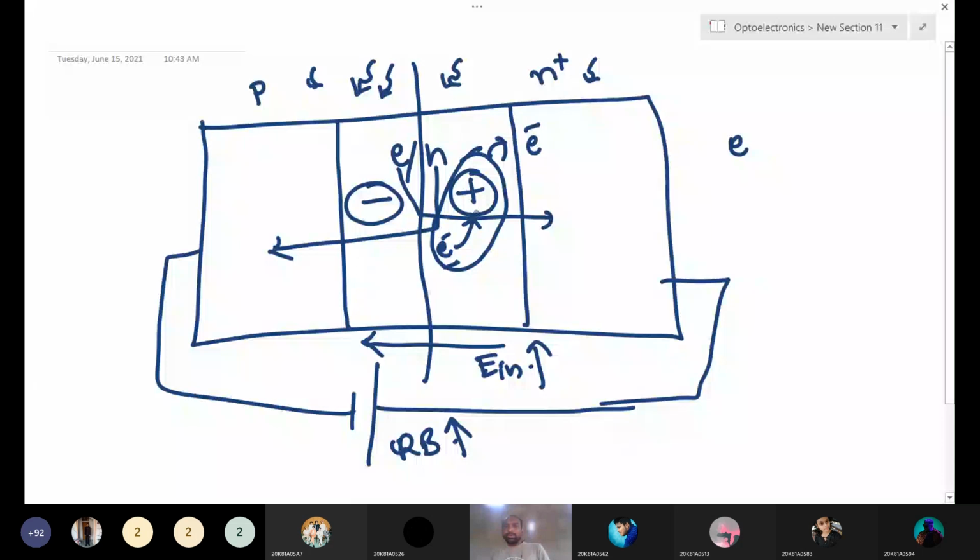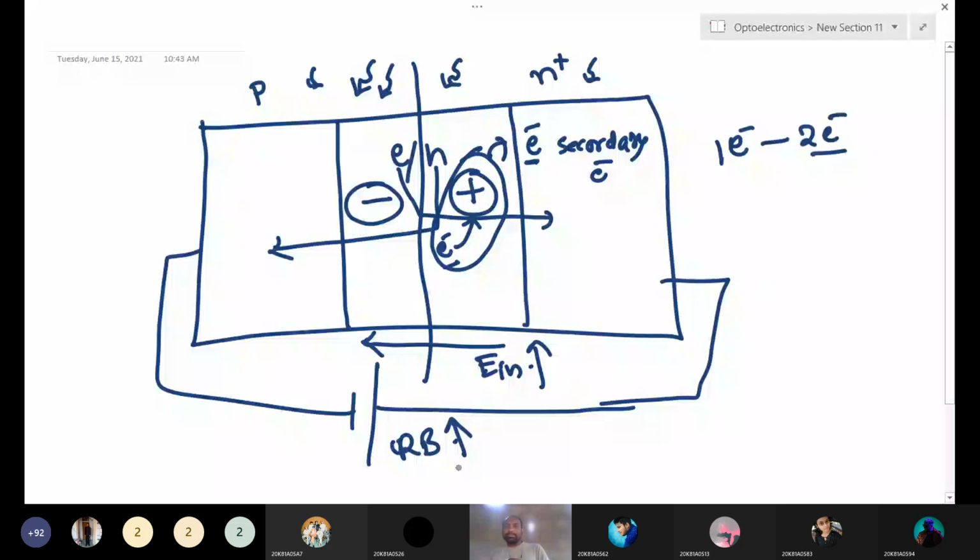That is why, using a high reverse bias voltage, we give high energy to electrons at the depletion region, and these electrons gain sufficient energy, make collisions, and generate one more electron.